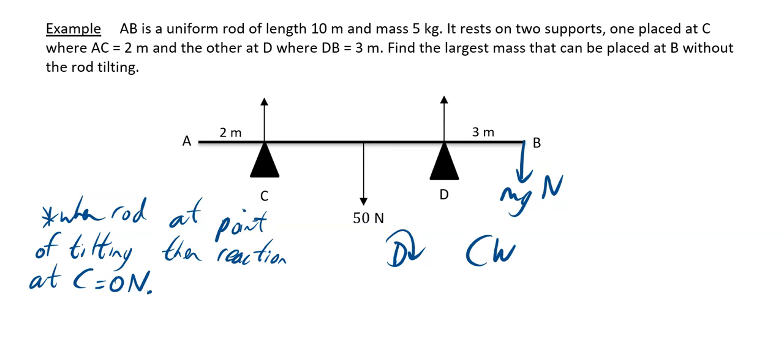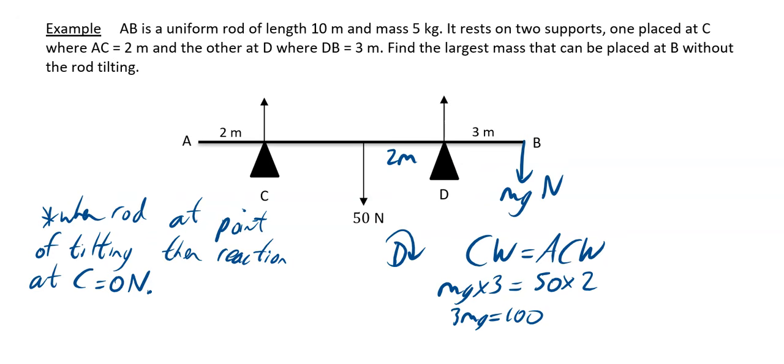Clockwise, you're going to have mg times 3, is equal to your anticlockwise, which is 50 times, and that distance in here, let's mark it in, is 50 times 2. So 3mg is equal to 100, which means m is equal to 100 divided by 3g, so 100 divided by 30. So m works out to be 3 1/3 kilograms.